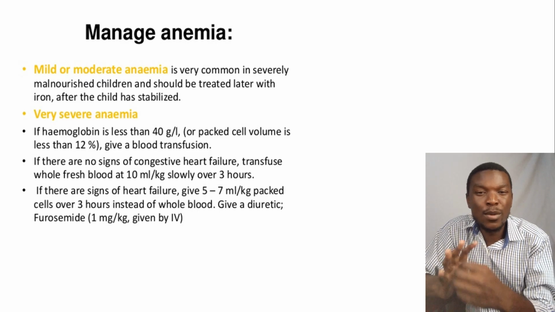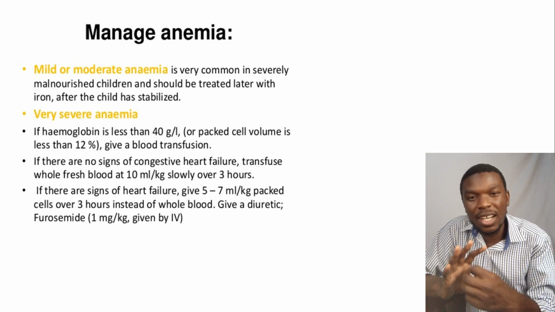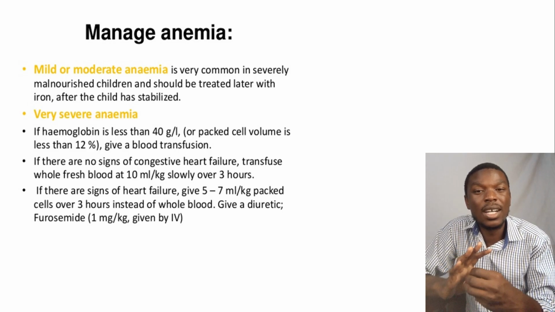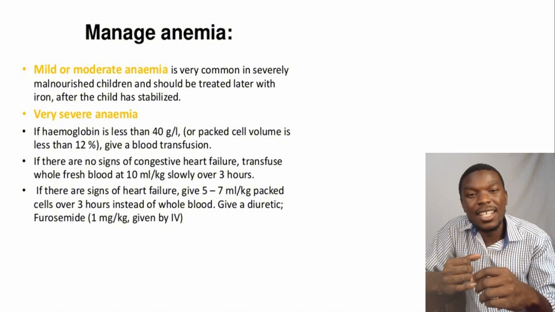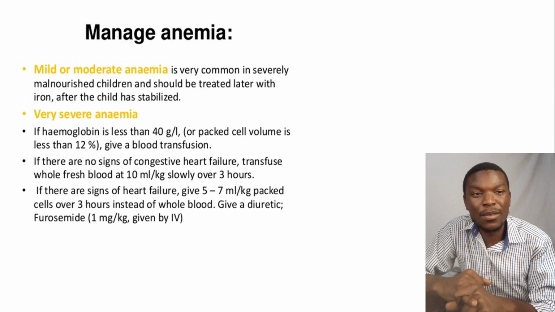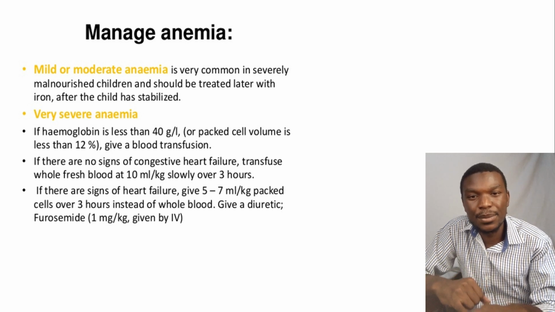This diuretic will pour out excess fluid because the child has signs of heart failure. The drug you give is furosemide. It's a diuretic that you give at 1 milligram per kg, IV.